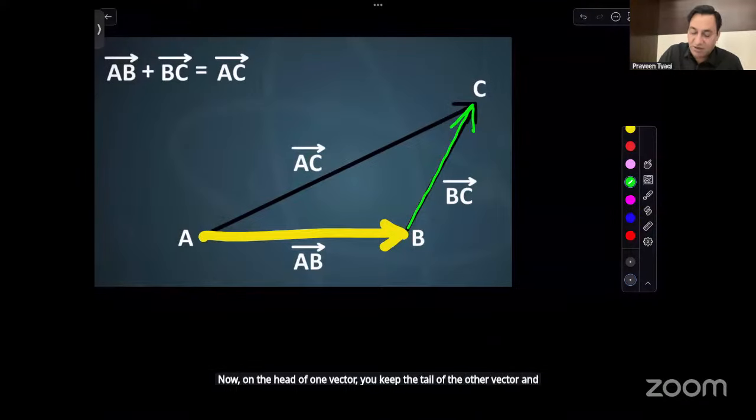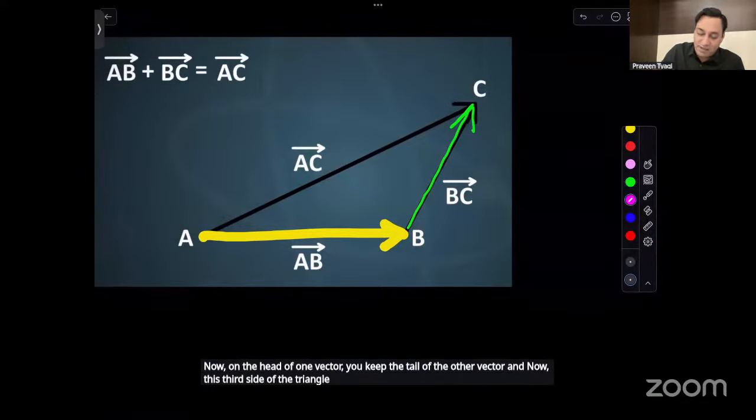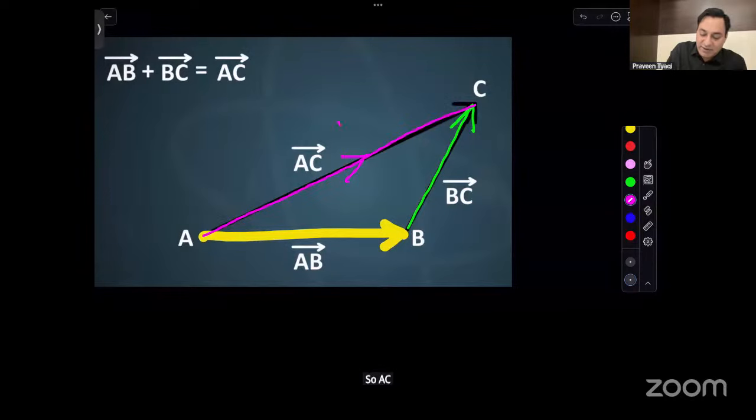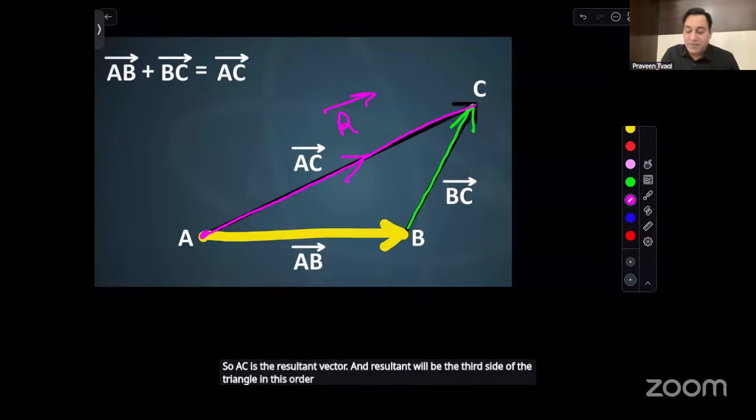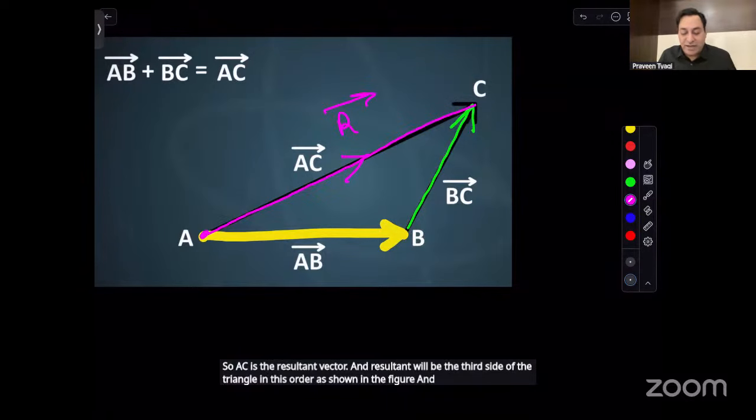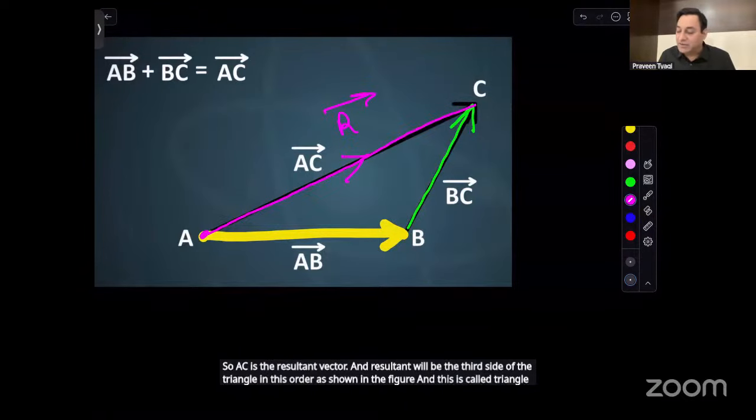And now this third side of the triangle will give you the resultant vector A plus B. So AC is the resultant vector, and the resultant will be the third side of the triangle in this order as shown in the figure. This is called the triangle law of addition of vectors.